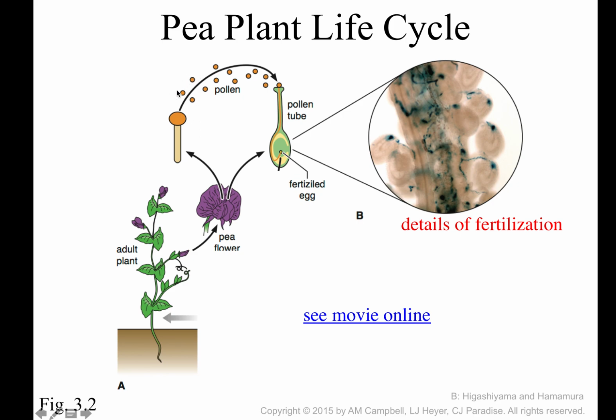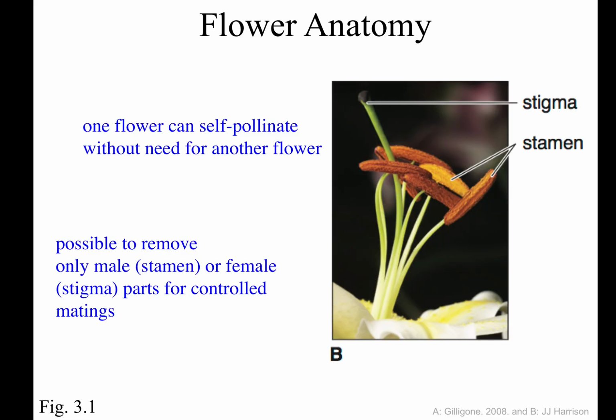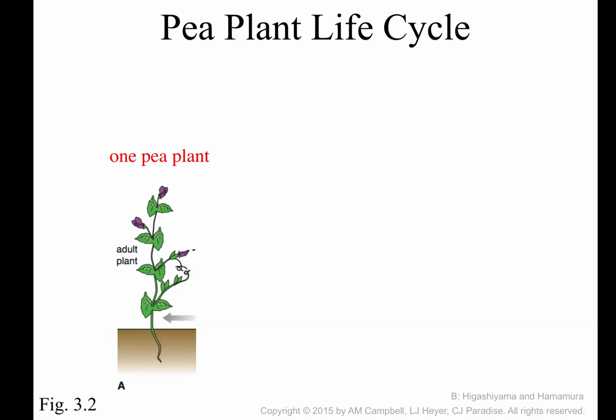But you could also provide pollen from another individual plant, and so on. Here's a picture of those pollen tubes growing down the style of the plant from the stigma.